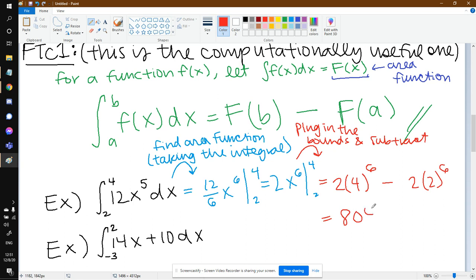And then I'm going to plug it into a calculator, and I'm pretty sure it's 8046. Yeah, 64. Sorry, I forgot it from class. Cool. So that's how we find the area underneath this function from 2 to 4. It's exactly 8064.